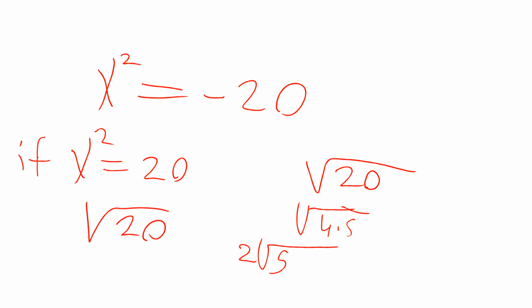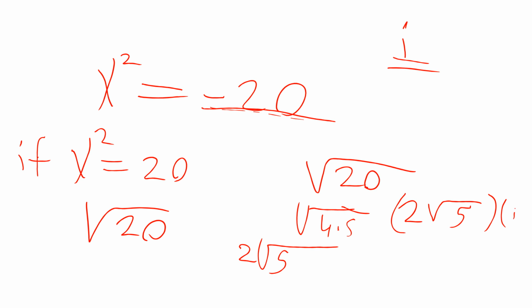But this isn't the answer. Remember, we have -20. Remember, we have i. So we can just write this as 2 root 5 multiplied by i. But I don't like to write it like this.